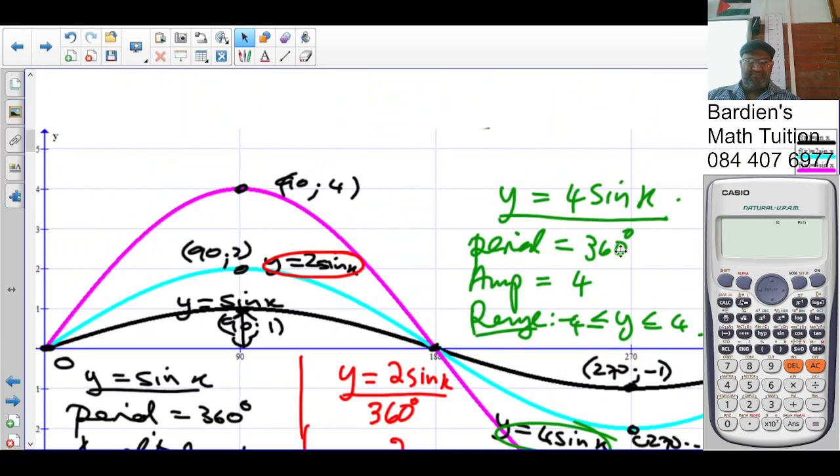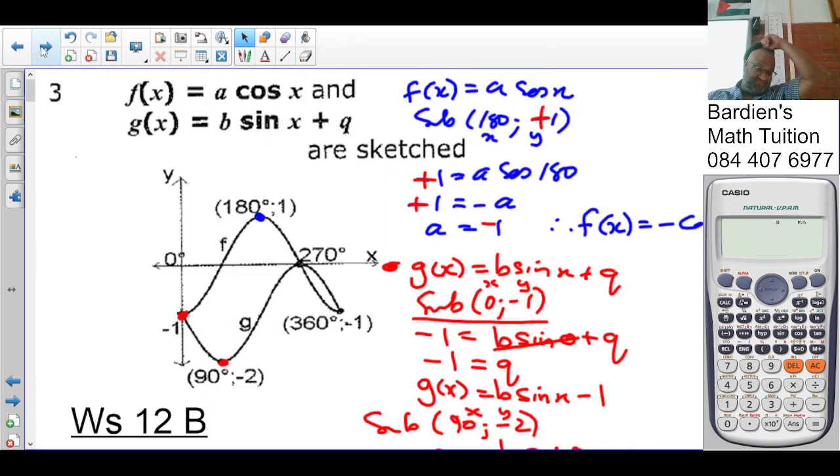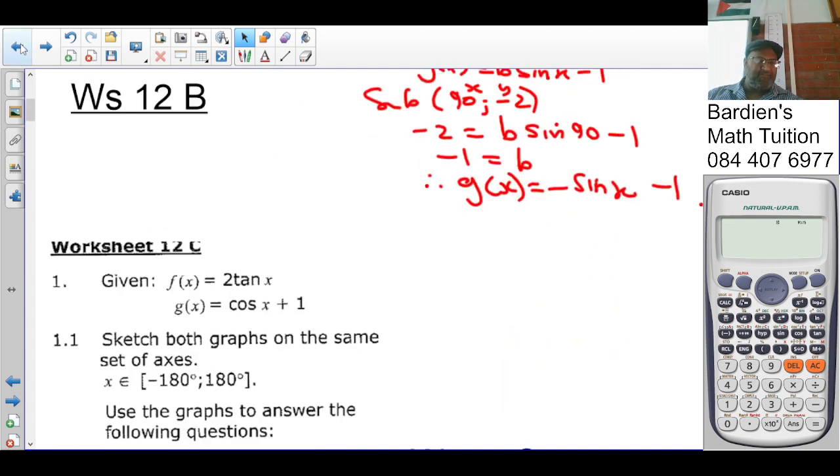Still one here. What was the interval on that graph? Negative 180 to 180.